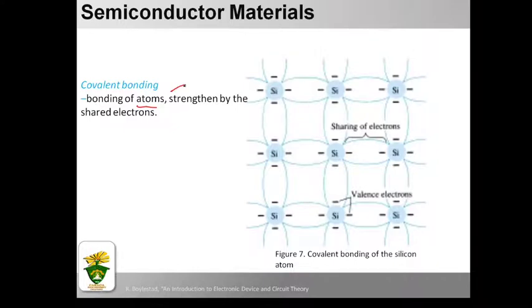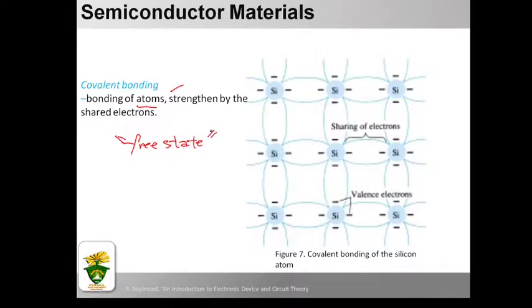Although covalent bonding will result in a stronger bond between the valence electrons and their parent atom, it is still possible for the valence electron to absorb sufficient kinetic energy from natural causes to break the covalent bond and assume the free state.